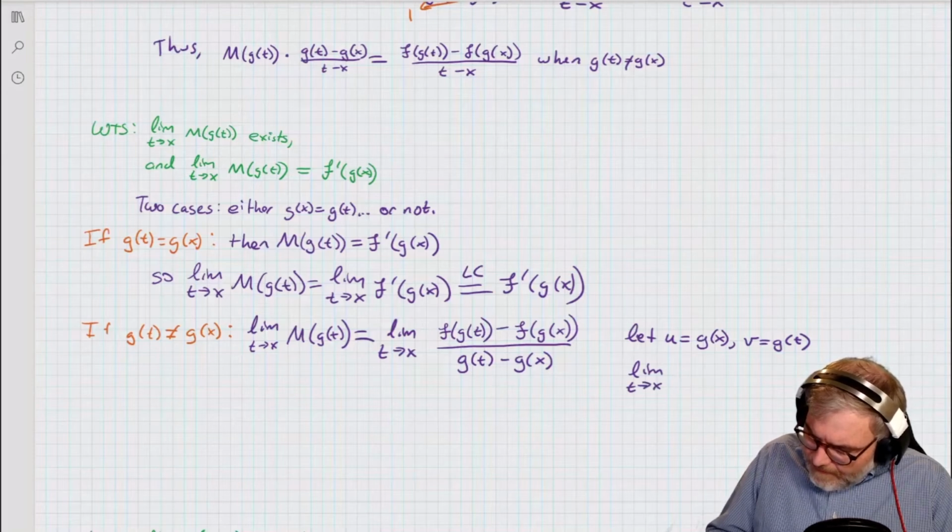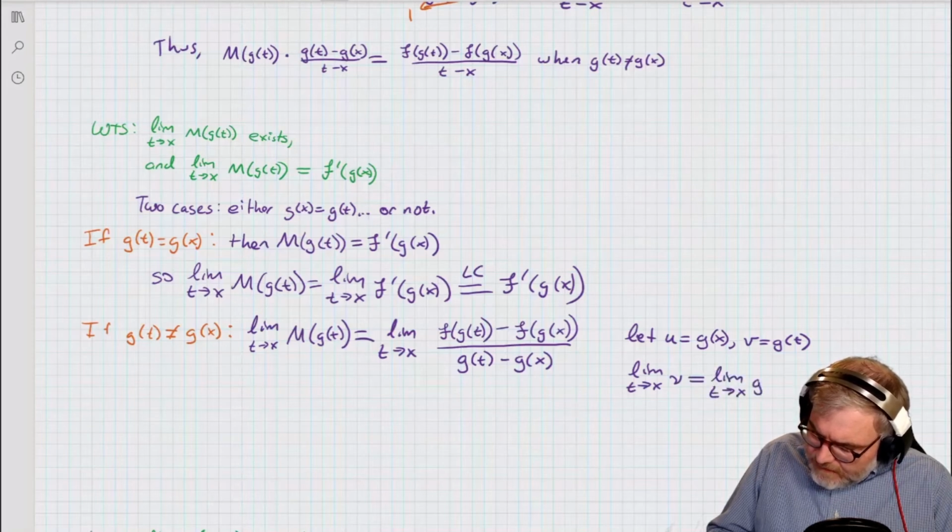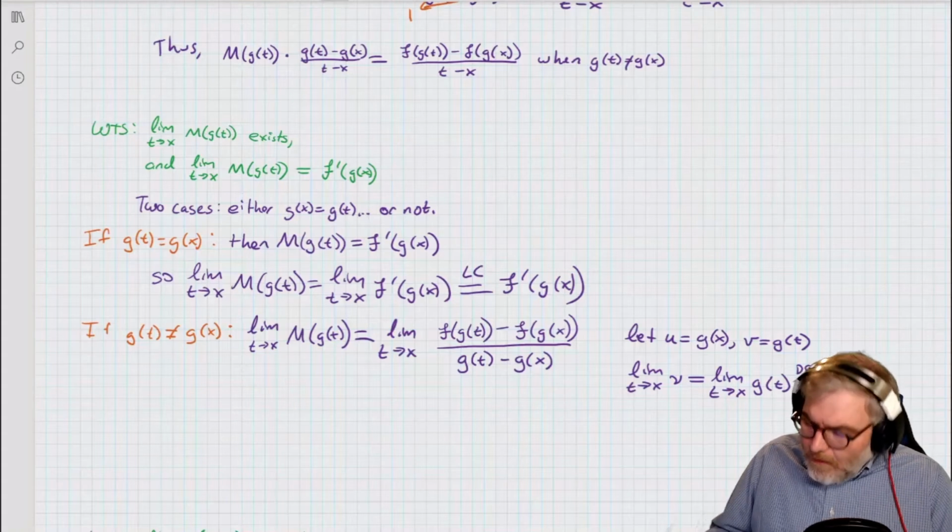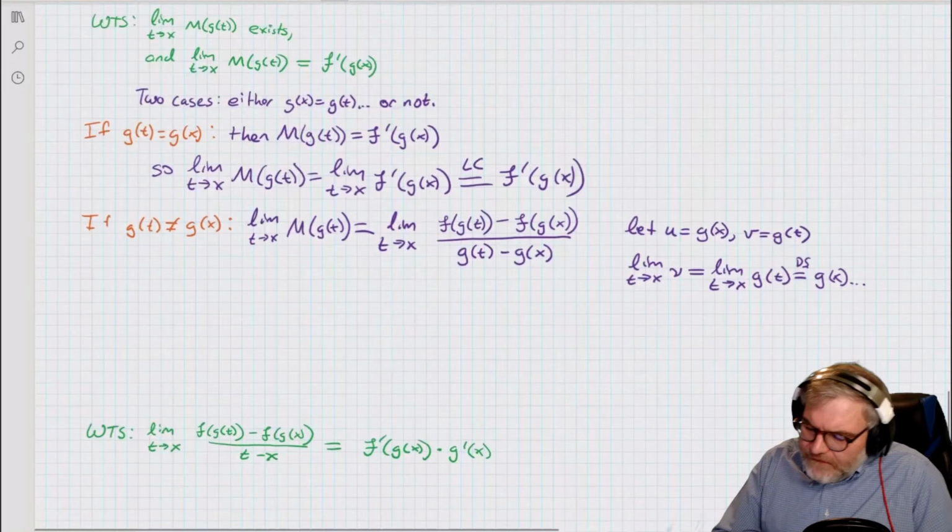The limit as t goes to x of v equals the limit as t goes to x of g of t. And this is going to equal g of x. Why does that equal g of x?